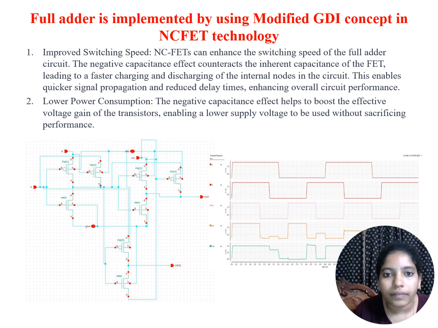The negative capacitance effect counteracts the inherent capacitance of the FET, leading to faster charging and discharging of the internal nodes in the circuit. Coming to the lower power consumption, negative capacitance effects help to boost the effective voltage gain of the transistor, which enables a low power supply voltage to be used without sacrificing performance.